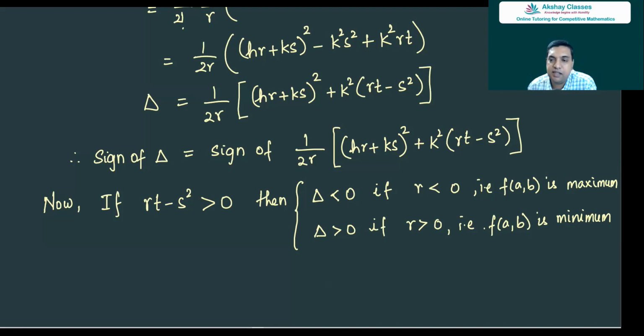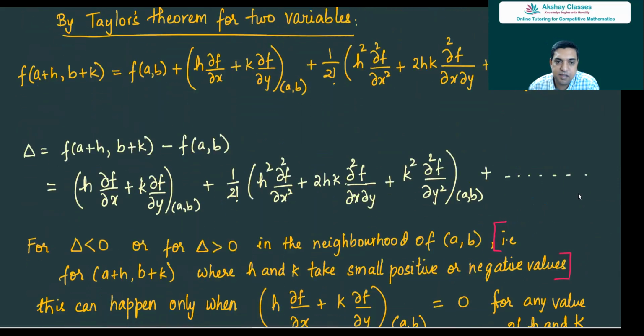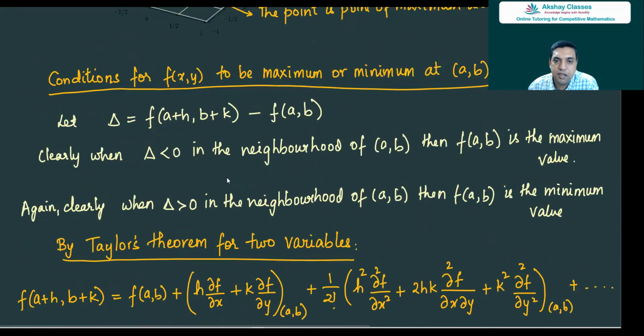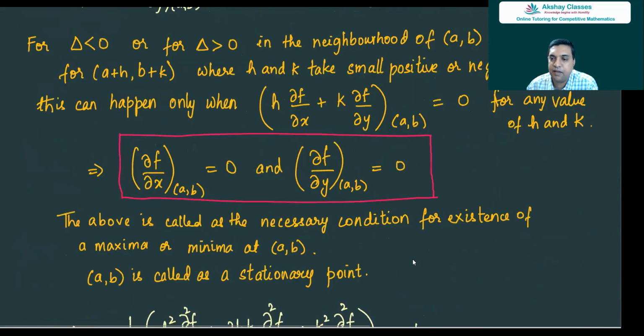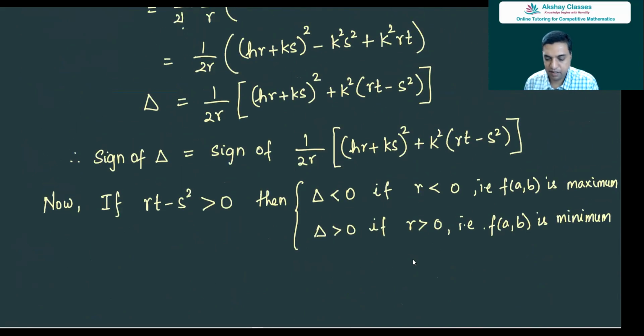If r is negative, delta will be negative, which means f of a comma b is maximum. Delta is positive means f of a comma b is minimum. So mathematically, this is what we will do.